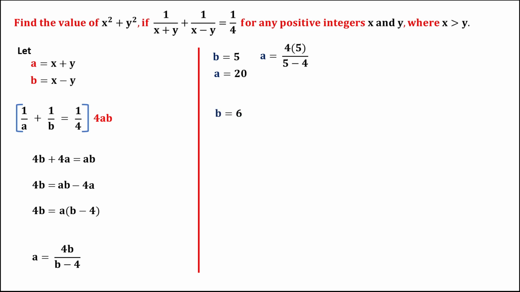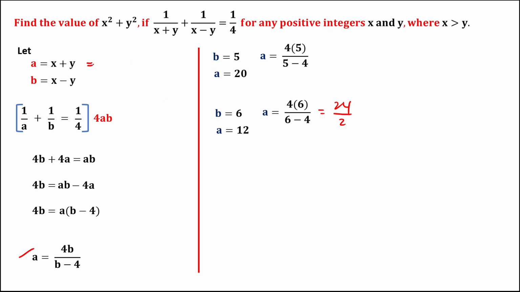So if b is equal to 6, then to solve for a from this equation, this becomes 4 times 6 over 6 minus 4, and this is 24 over 2. So therefore, a is equal to 12.